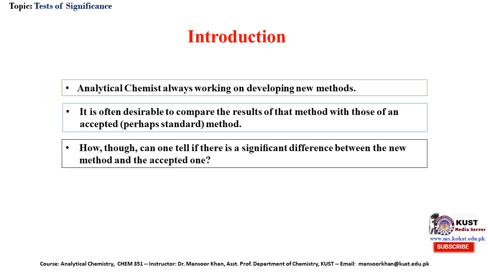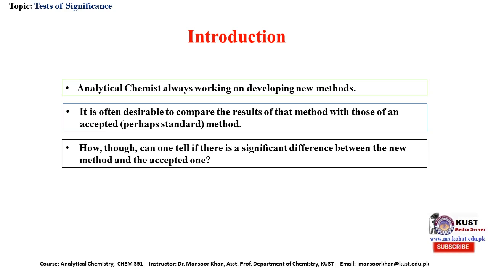Now, when a method is developed, how can one tell if there is a significant difference between the new method and the accepted one? This is a question. When you develop a method for certain analysis, how can somebody say that the method is significant or not significant? Today we will discuss this in detail.